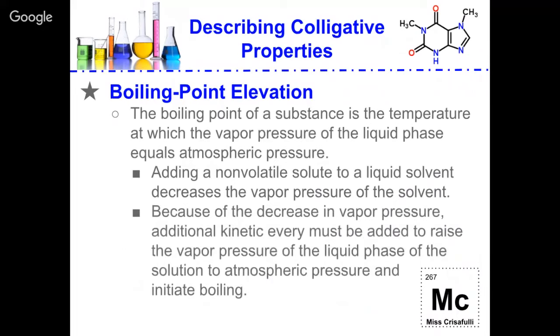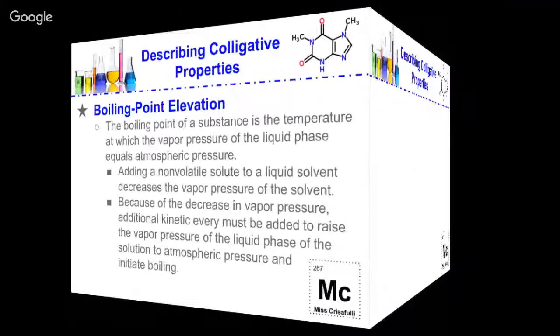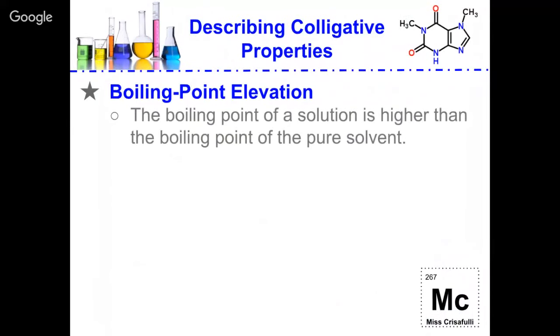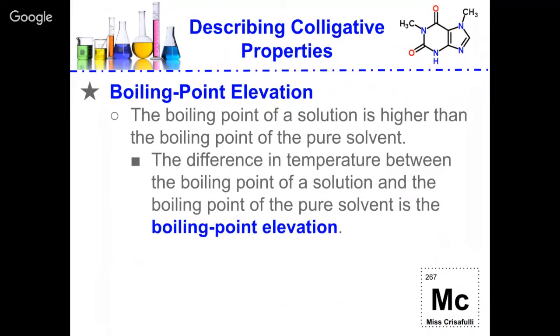Because of the decrease in vapor pressure, additional kinetic energy must be added to raise the vapor pressure of the solution to atmospheric pressure, and then the solution will be able to boil. The boiling point of a solution is higher than the boiling point of the pure solvent. The difference in temperature between the boiling point of the solution and the boiling point of the pure solvent is called boiling point elevation.